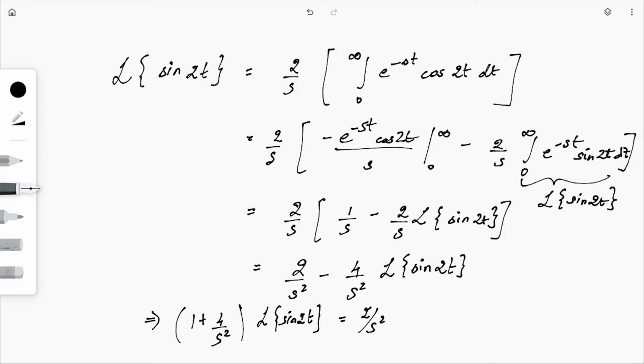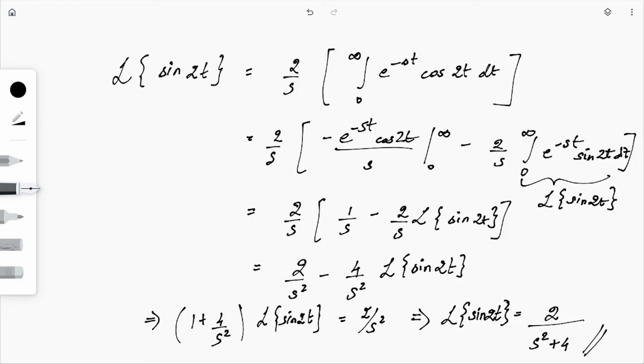This implies script L of sine 2t will be equal to, this becomes s square plus 4 by s square, so when I take it to the other side, it becomes s square divided by s square plus 4. S square and s square get cancelled, so it will become 2 by s square plus 4. This is the Laplace transform of the function sine 2t.